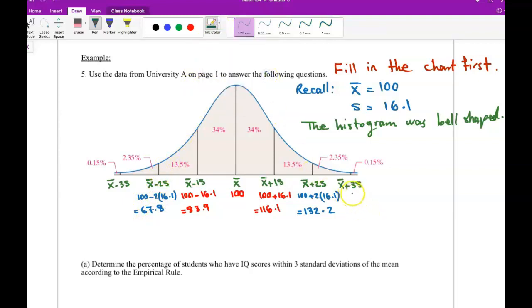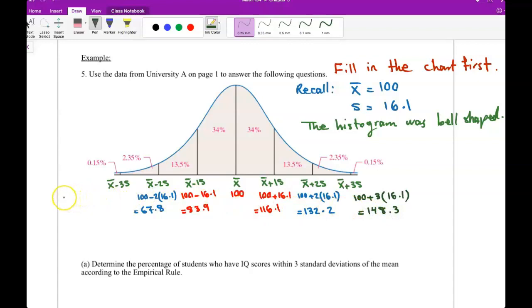And within 3 standard deviation, we have 100 plus 3 times 16.1, and that is equal to 148.3.